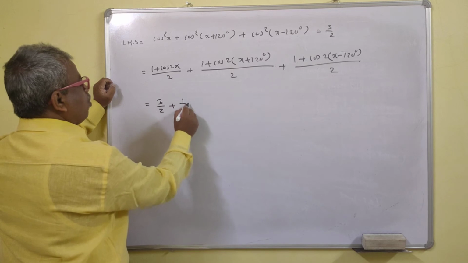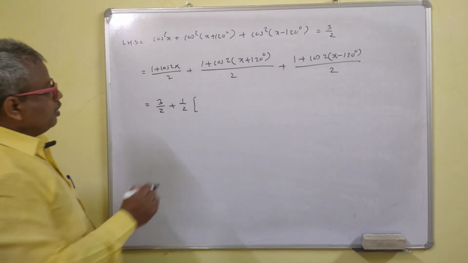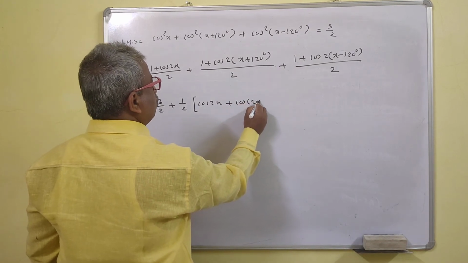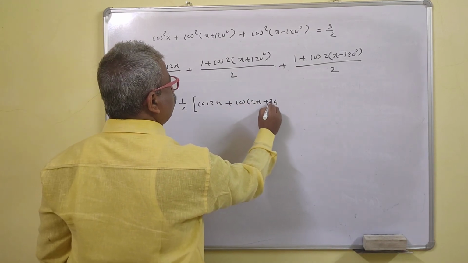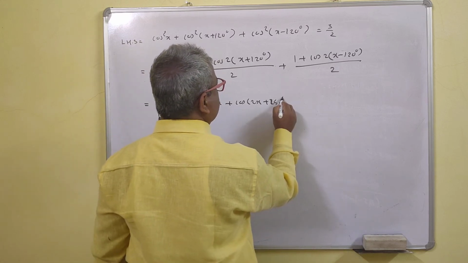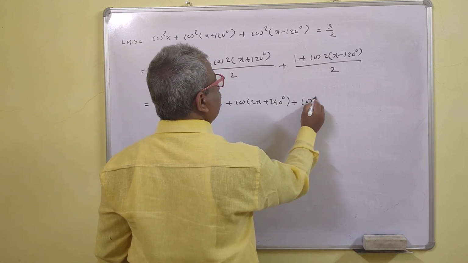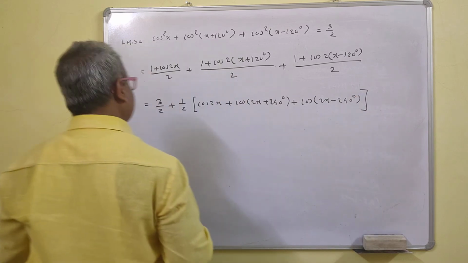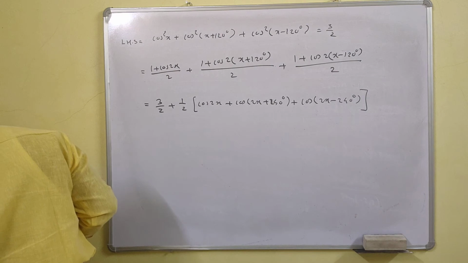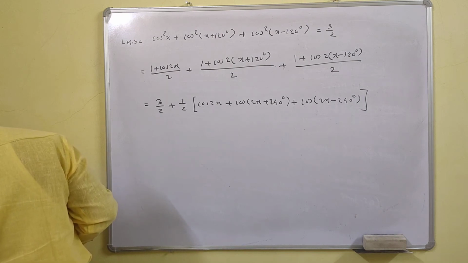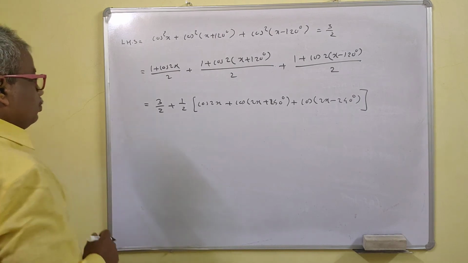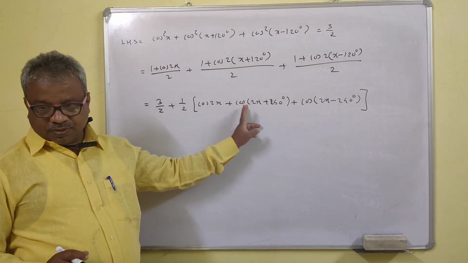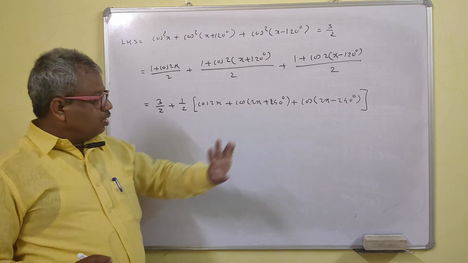Plus, we'll take half common now. Okay, we'll write this: cos twice x plus cos of twice x plus 240 degree plus cos of twice x minus 240 degree. Okay. Now what we'll do? We'll expand this, applying the formula for cos a plus b and cos a minus b.